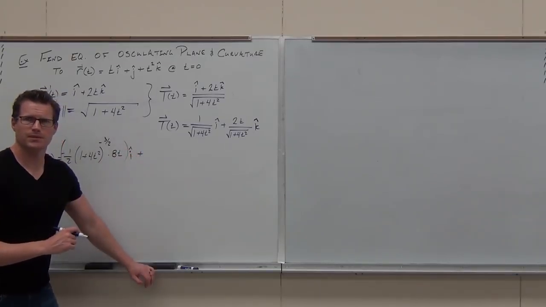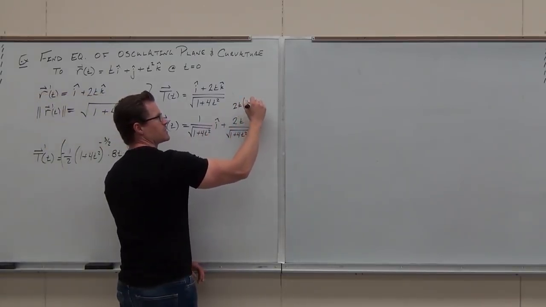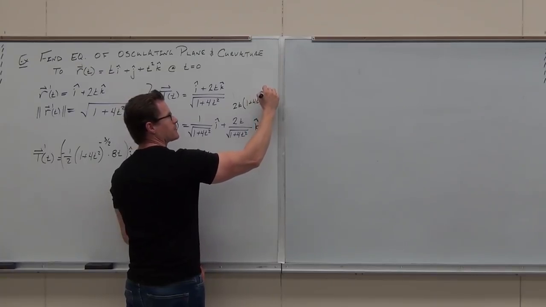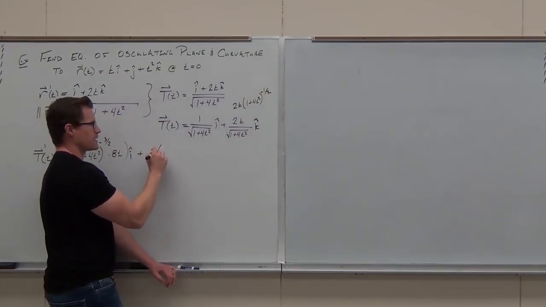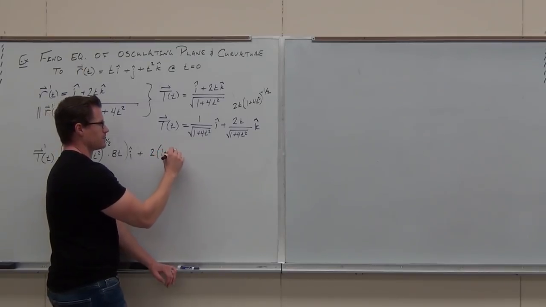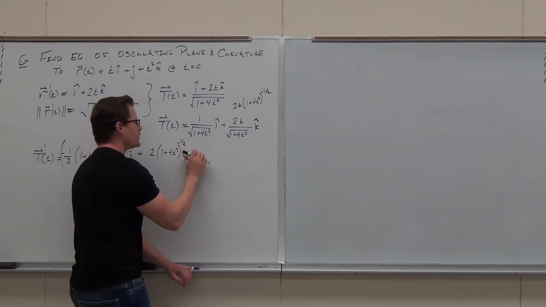You guys okay with that one? If you think about this as 2t times 1 plus 4t squared to the negative 1/2, we'll have a product rule: derivative of the first times the second plus the first times the derivative of the second.